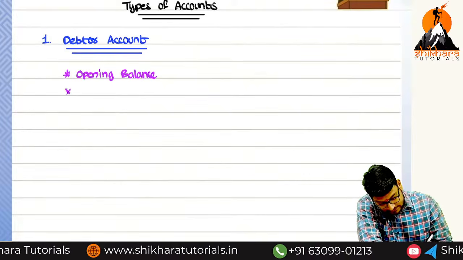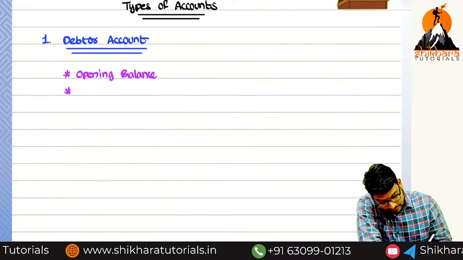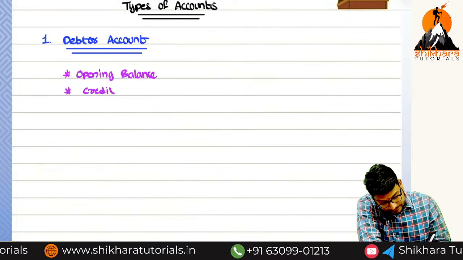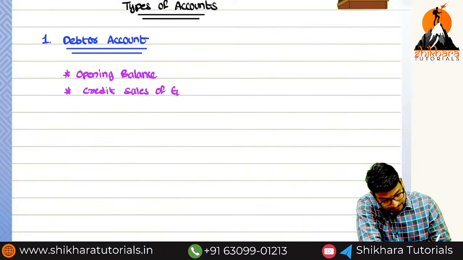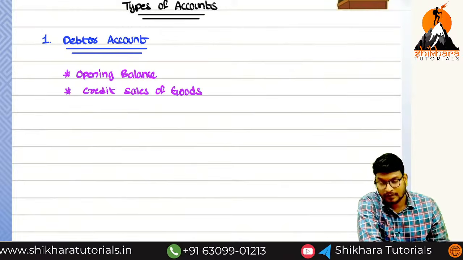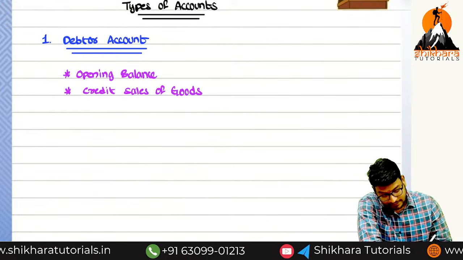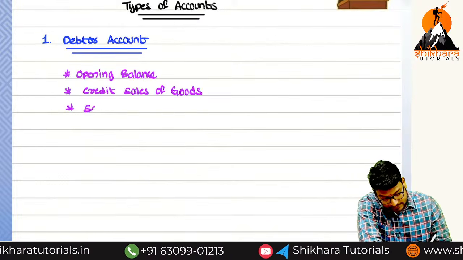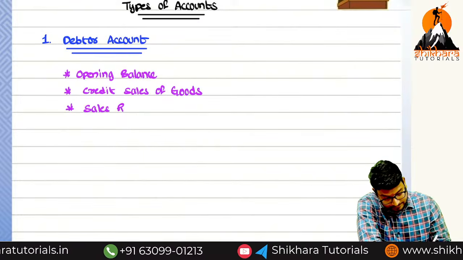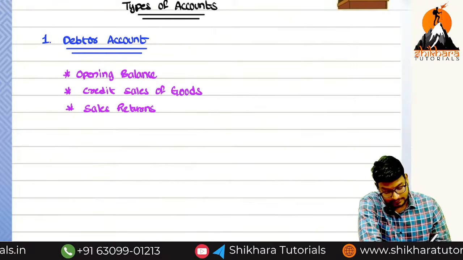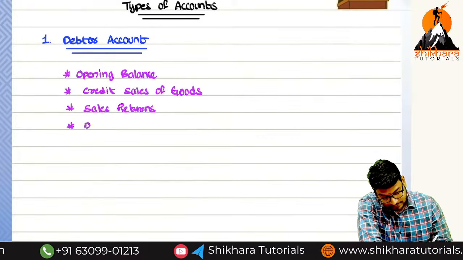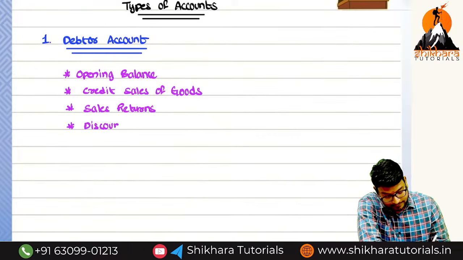And next we are going to have credit sales of goods. Credit sale of goods. And next we are going to have sales returns. Next we are going to have discount allowed.